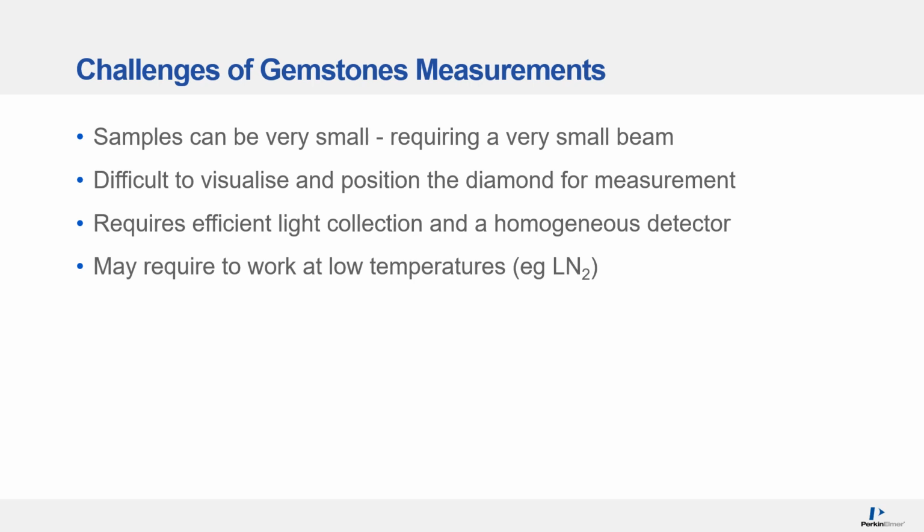The gemstone needs to be in an optimum position for the measurement to be performed. Since the samples are small and can also impact the shape of the sample beam, we need efficient light collection from a range of angles and the ability to focus the beam onto a homogeneous detector. For some diamond measurements, it may require the cooling of the diamond using liquid nitrogen.